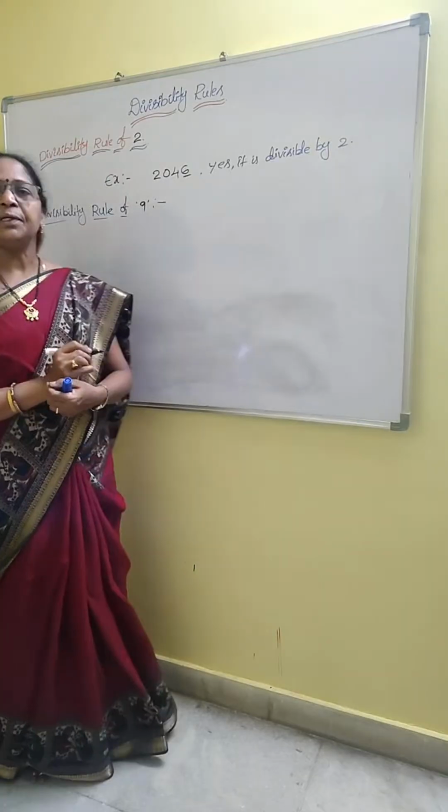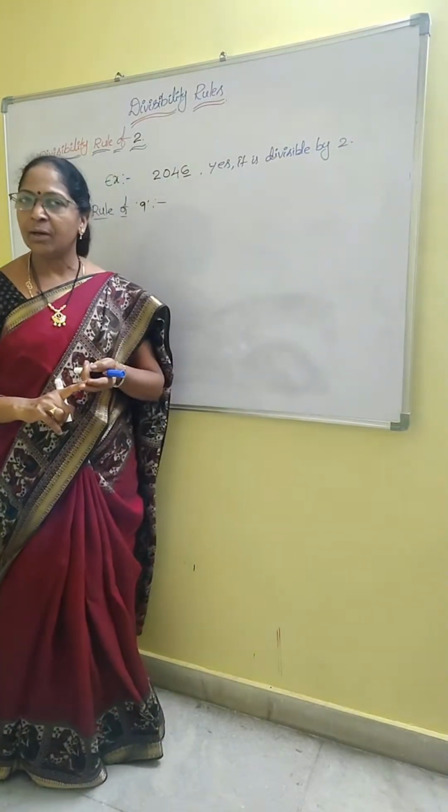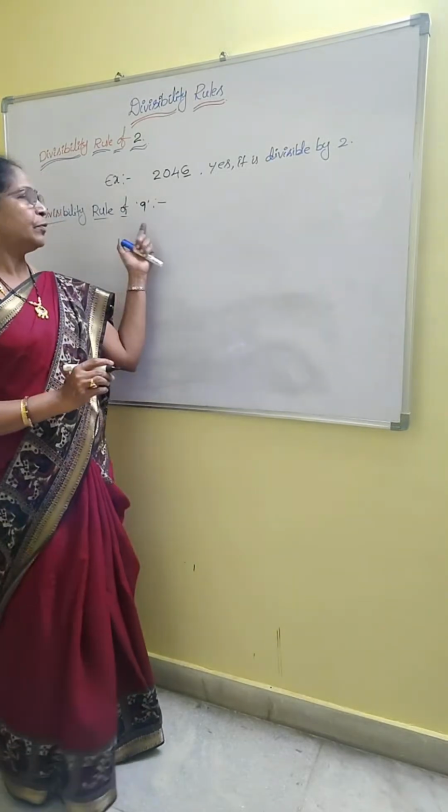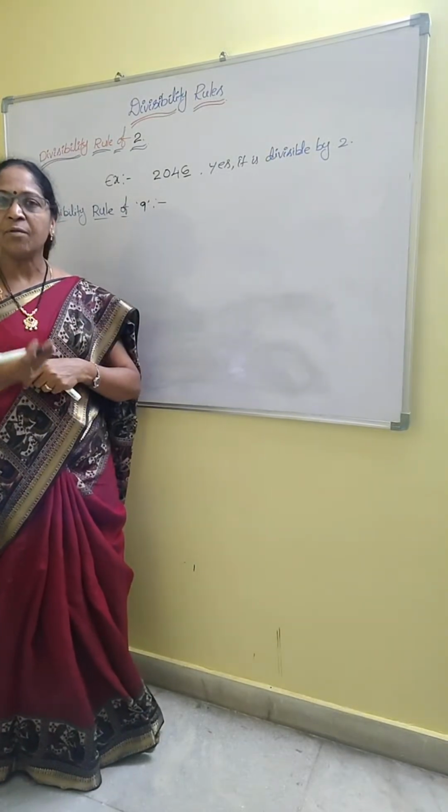We know the divisibility rule of 2, the divisibility rule of 3 as well as the divisibility rule of 6. Now we will learn about the divisibility rule of 9.